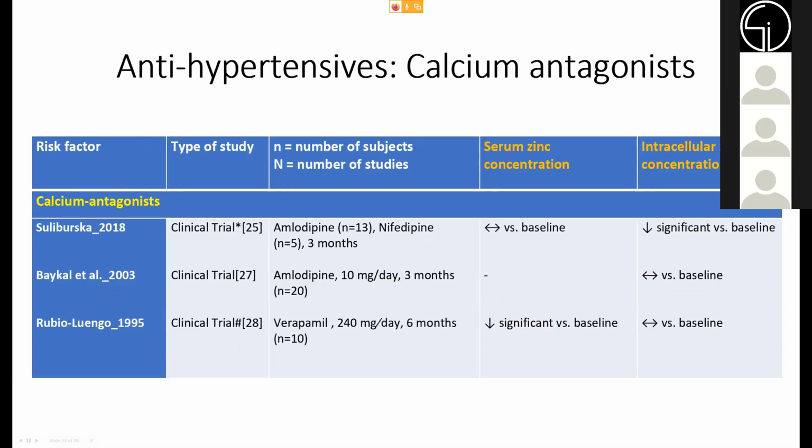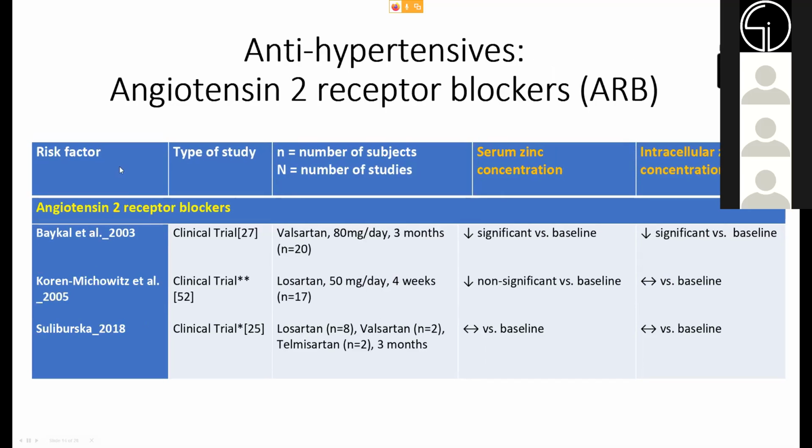There are also signs that calcium antagonists, another group of antihypertensives, can decrease intracellular zinc concentration or serum zinc concentration. And angiotensin II receptor blockers, another group, are also capable of reducing serum zinc or intracellular zinc concentration after 4 weeks or 3 months of treatment.